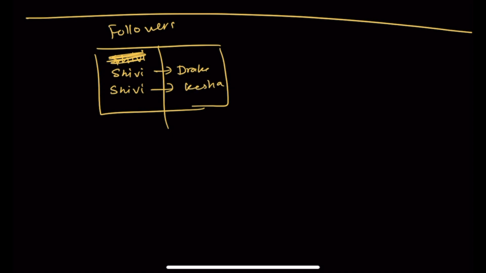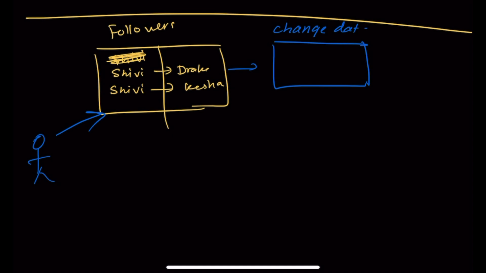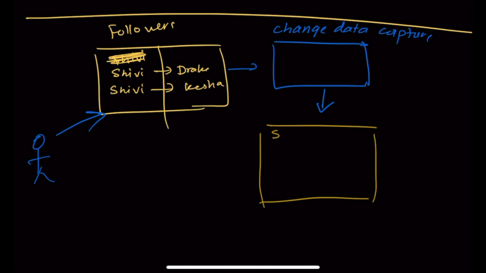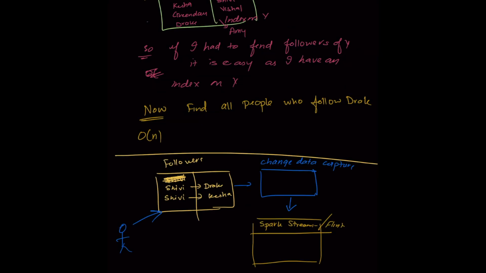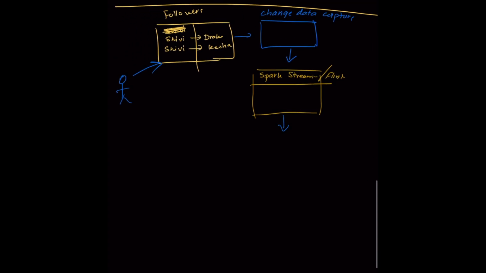Okay, and whenever the user follows someone, they update this, there is a change data capture that, okay, someone has put in some new data, which then goes over Flink, or let's say Spark Streaming, or we can say Flink, which then goes and makes their own database which has that.